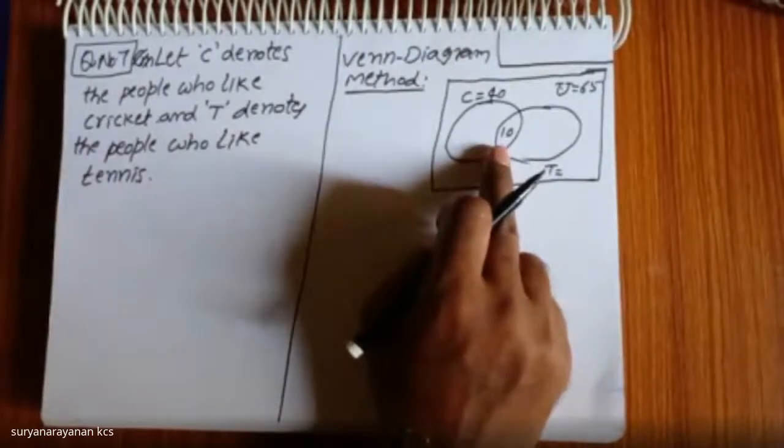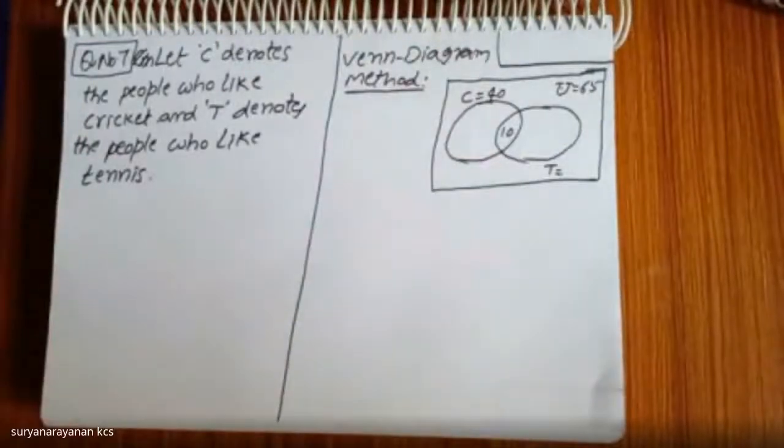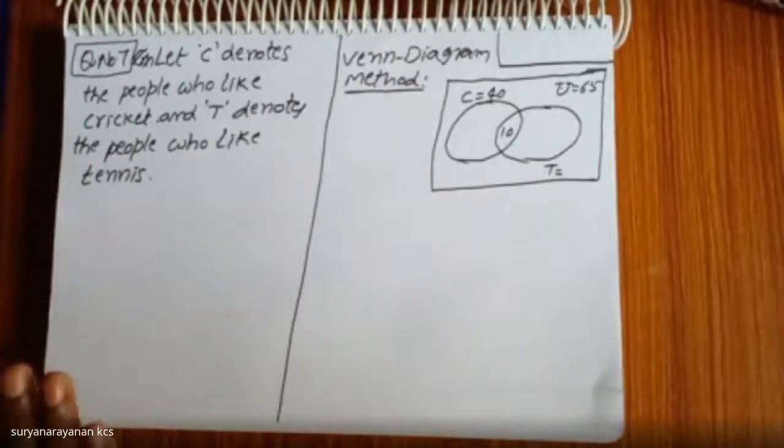Understood this area, my children? Intersection part. Only this information was given.